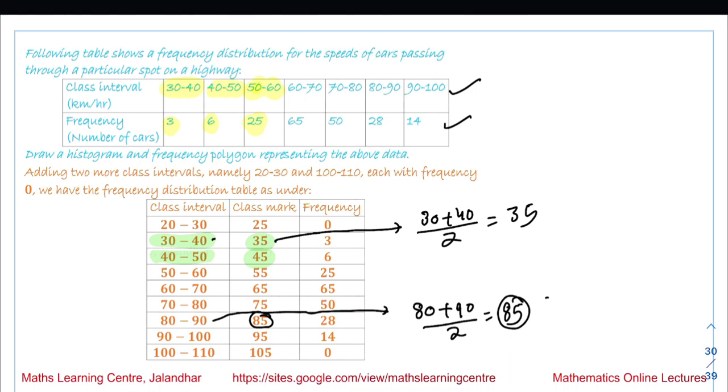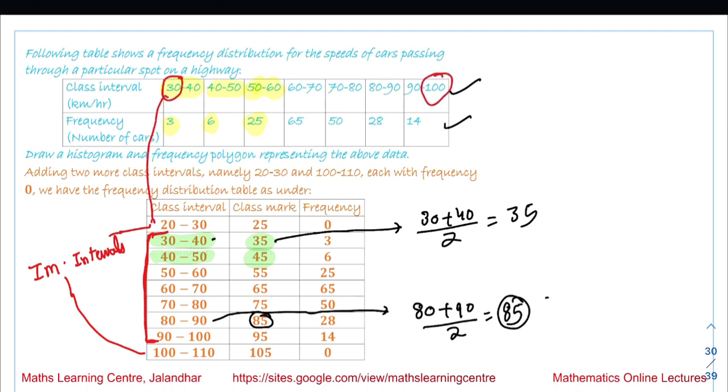Then these two intervals, this and this, we are saying these are imaginary intervals. Imaginary interval means that the actual data that is given to us is from 30 to 100. The values that are given to us are from 30 to 100.